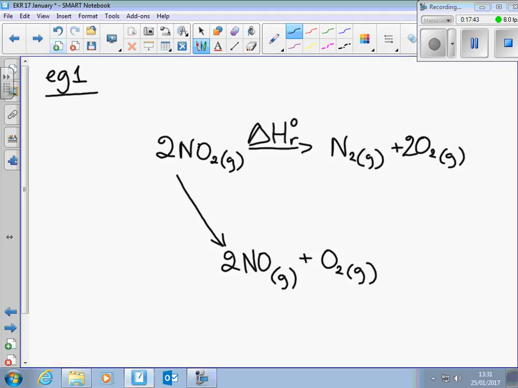And not surprisingly, you can go from nitrogen oxide and oxygen, you can keep breaking it down to get to there.